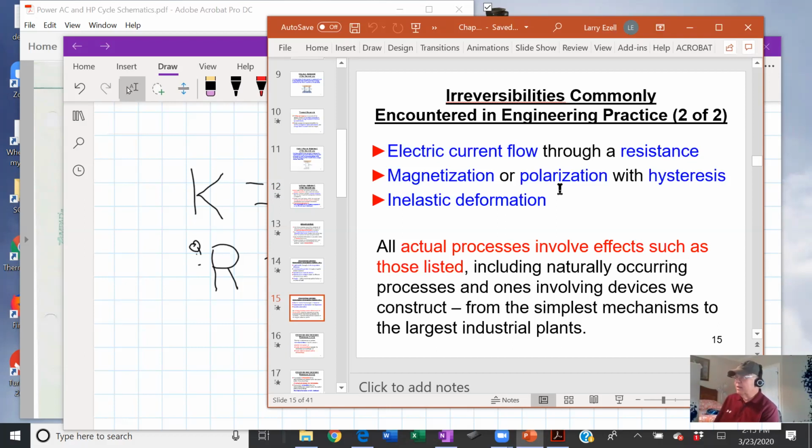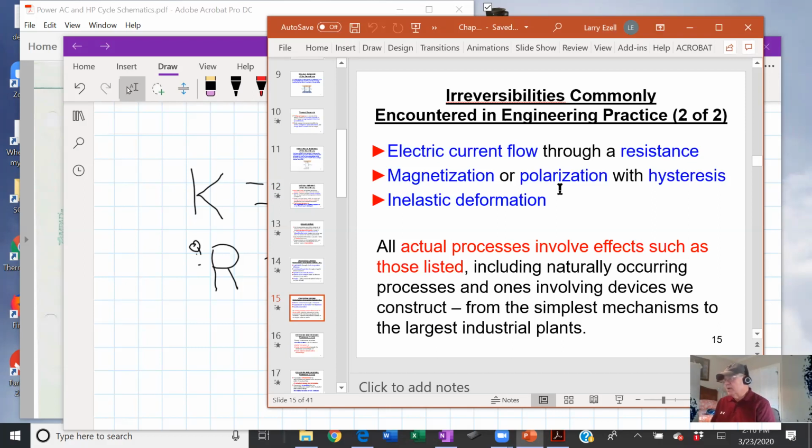But if I put a large enough load on a beam or any kind of mechanical device, it will eventually suffer some permanent deformation. That's inelastic deformation. That's hysteresis. No, it's not hysteresis. It's irreversibility.